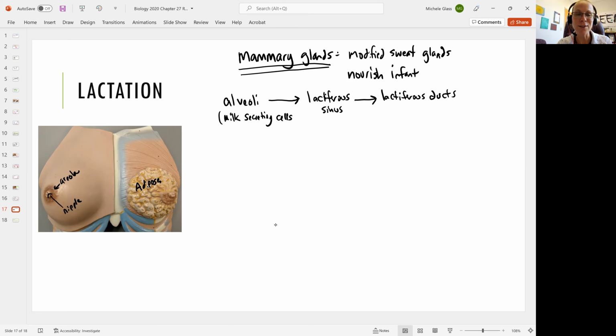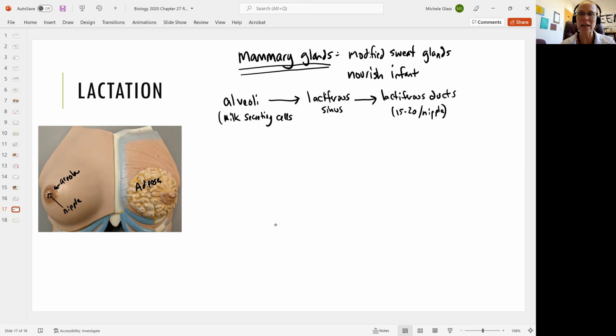And those ducts are going to be openings at the nipple. We'll see there's about 15 to 20 of these ducts per nipple. So it's not like the nipple on the artificial baby bottle where there's just one hole in the tip, where we have 15 to 20 little tiny holes that are here.